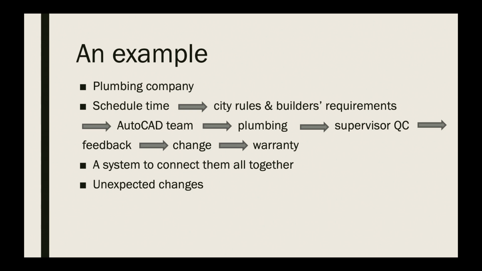Then they will print them out and hand them to the plumbers in the field the following morning, according to the schedule. After the plumbers finish one house, the field supervisor will go to the field, check the quality, and report back to the office. Right now everything is paper based, such as every house architecture plan, the CAD drawings for each house, the option sheet, and the spec sheet.